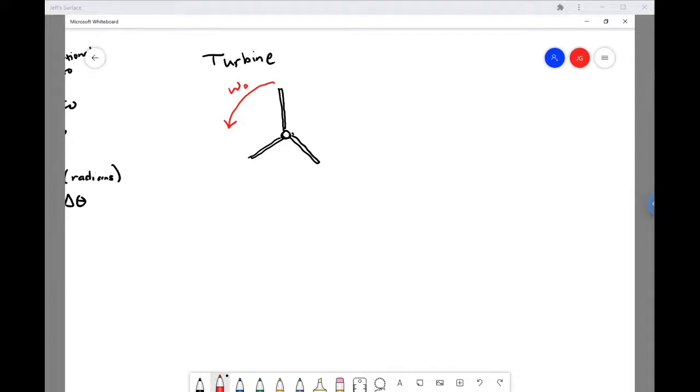So omega naught is some non-zero number. I'll make up a number, it's not important. We're not going to do this whole problem. I just want to set it up. Let's say it's 1 radian per second.